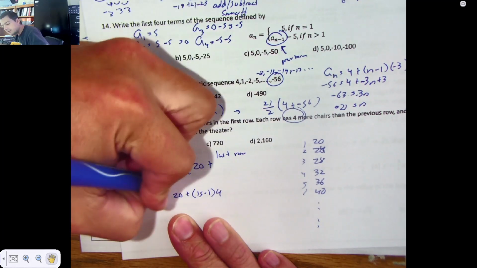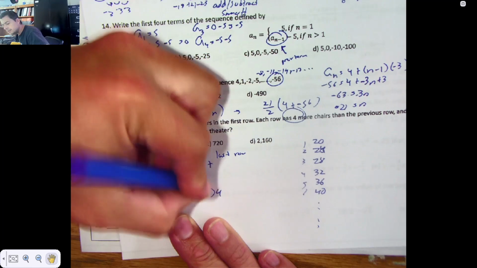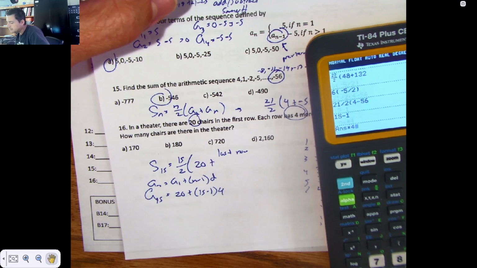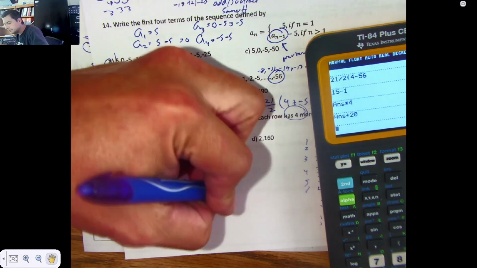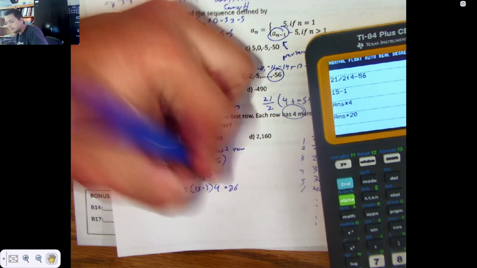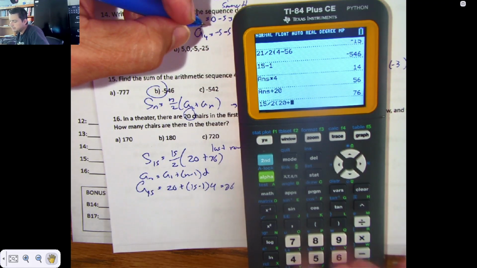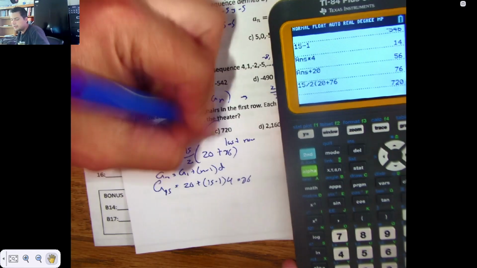And that came from a sub n is a sub 1 plus n minus 1 times d. That's where that came from. 15 minus 1 being 14 times 4 plus 20, 76. Put a 76 there. 15 over 2, 20 plus 76, 720 chairs on number 16.